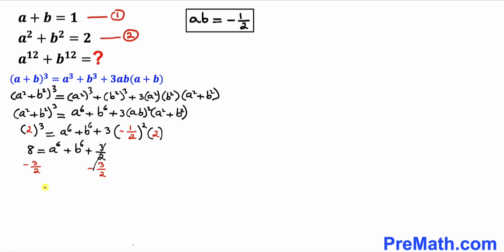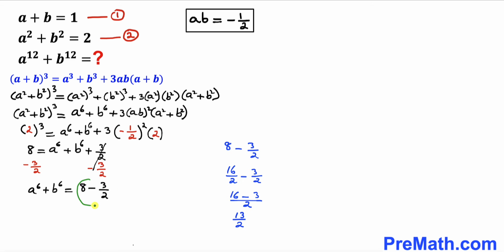This is gone. So therefore our a power 6 plus b power 6 value turns out to be equal to 8 minus 3 divided by 2. And now let's focus on this right hand side. I have copied it down over here. Therefore 8 minus 3 divided by 2 could be simplified to 13 divided by 2.